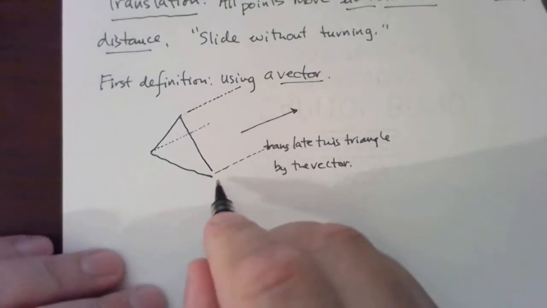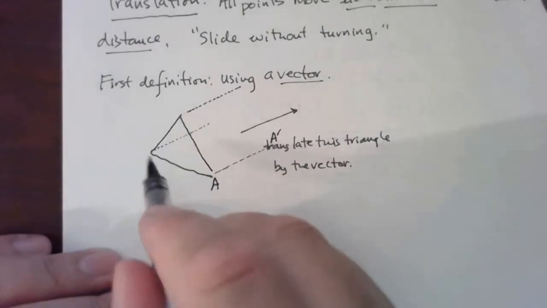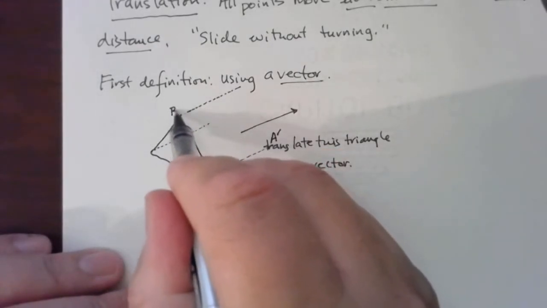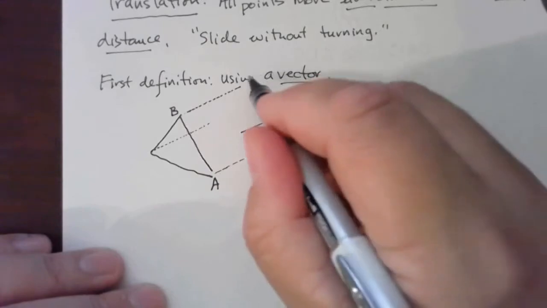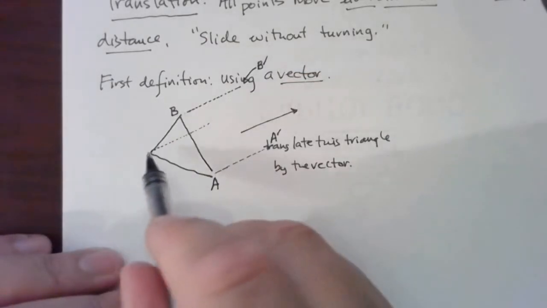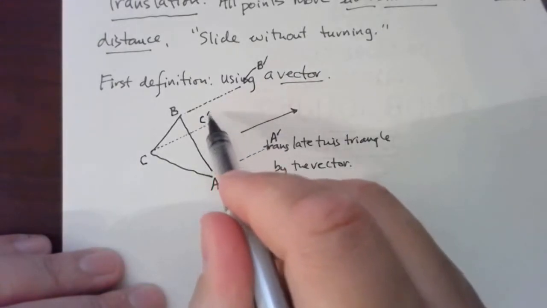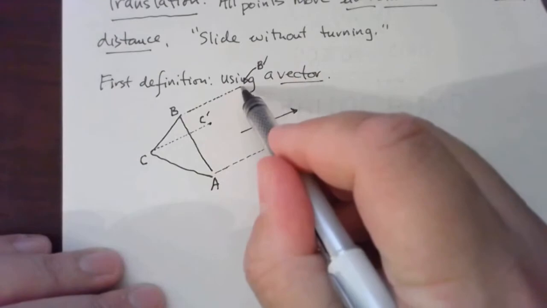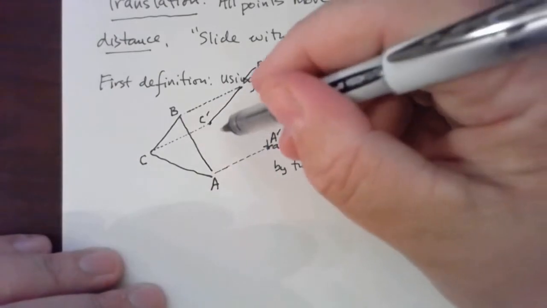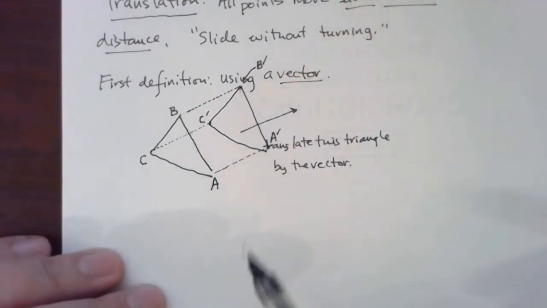So if I call this point A, the thing that's usually done when you're translating is you put a little tick mark to show the image point. So I have A and A prime, and then I'm going to have B. You read that tick mark with a little prime, B prime. We have C, and over here will be C prime. So the image of A is A prime, the image of B is B prime, the image of C is C prime, and then I connect those in the same order and I get the image triangle.